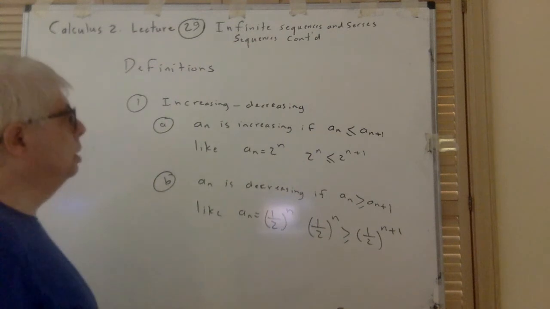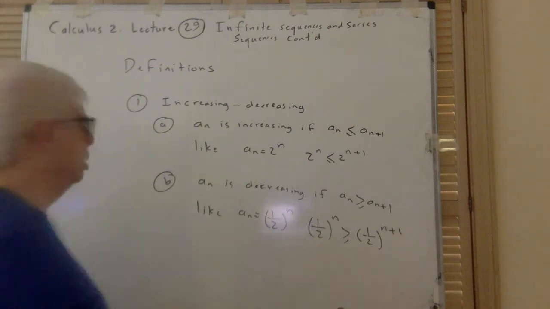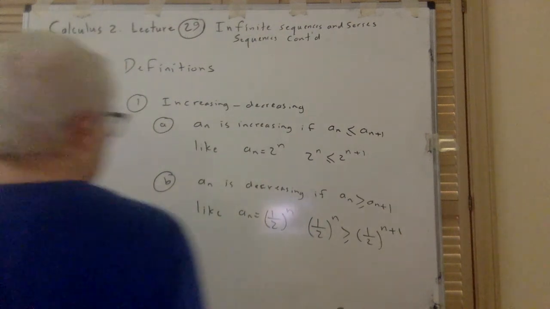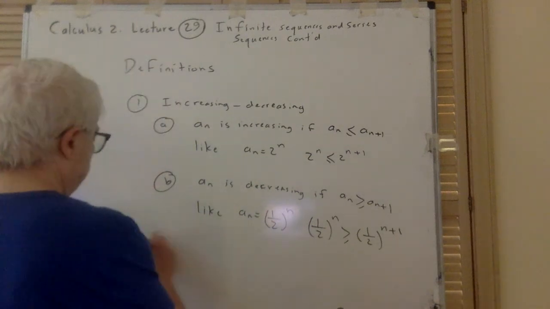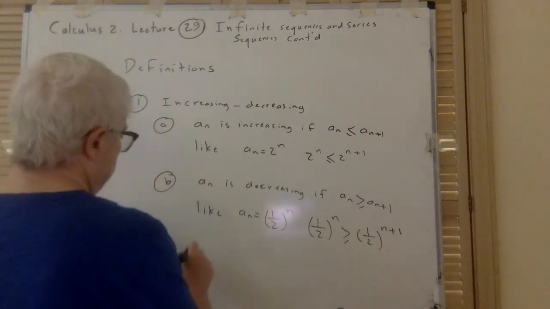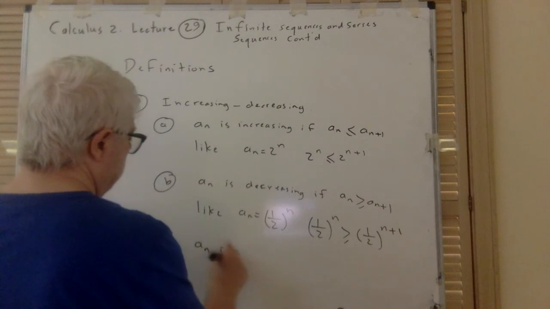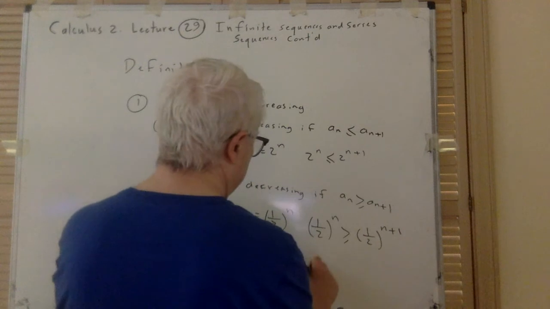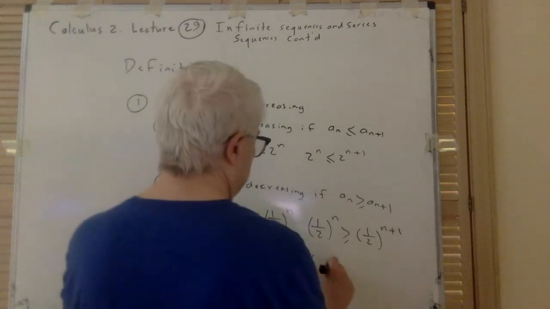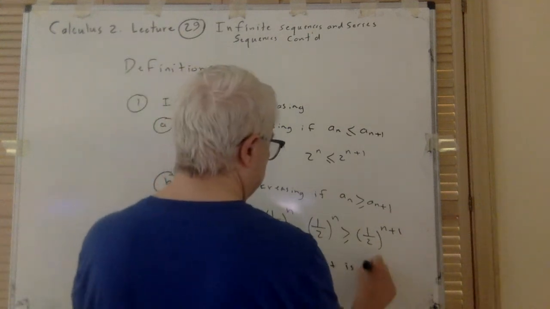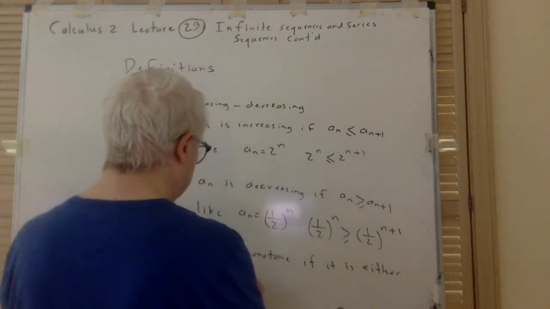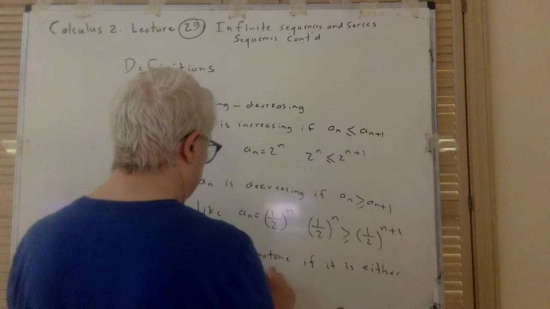That's increasing and decreasing. There's another definition here. Third, we say a_n is monotone if it is either increasing or decreasing.